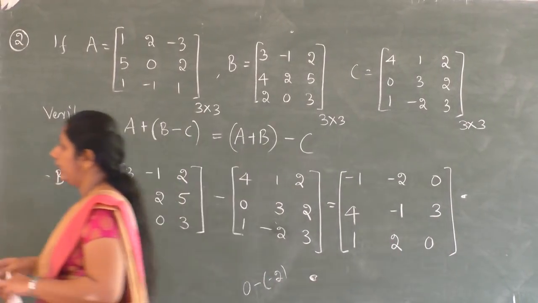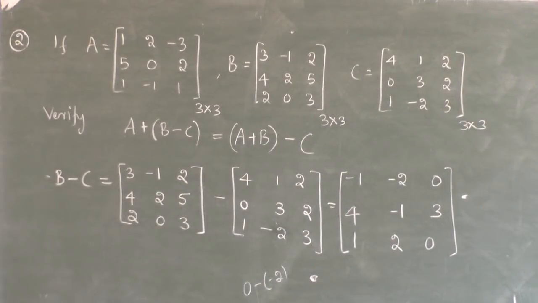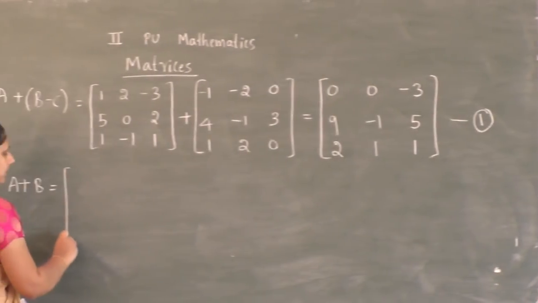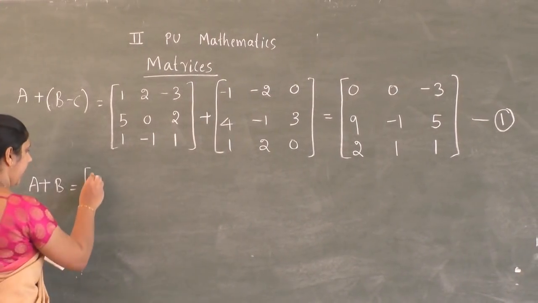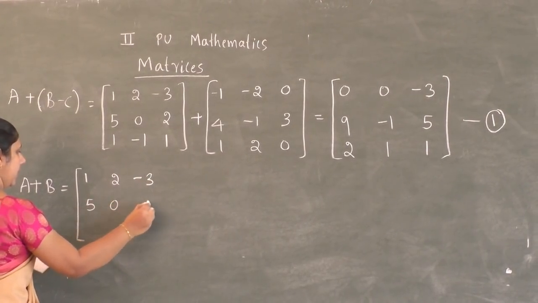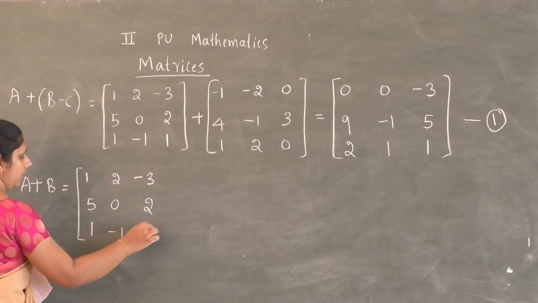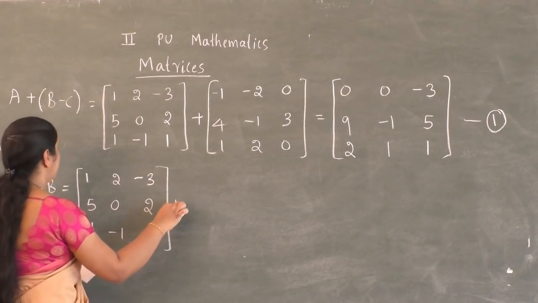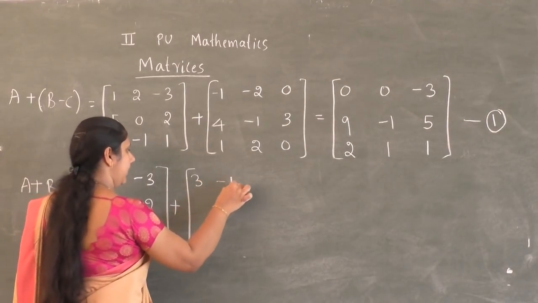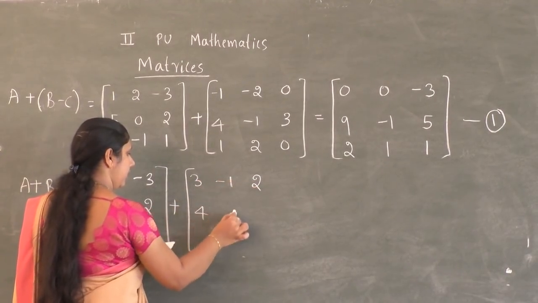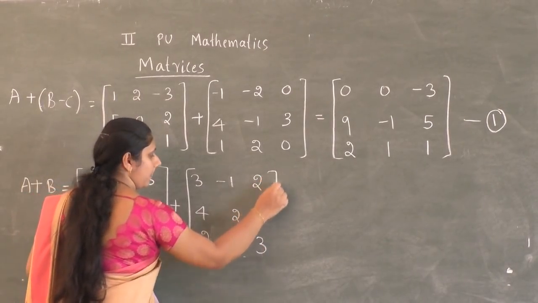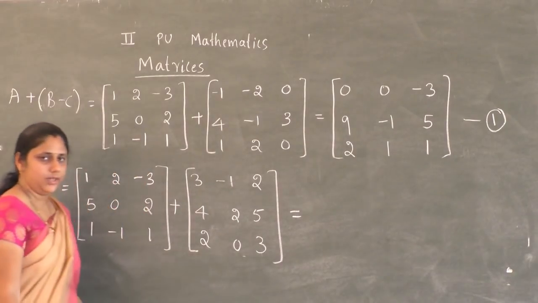Now do the second one, that is A plus B. So A is 1, 2, minus 3, 5, 0, 2, 1, minus 1, 1, plus matrix B is 3, minus 1, 2, 4, 2, 5, 2, 0, 3.